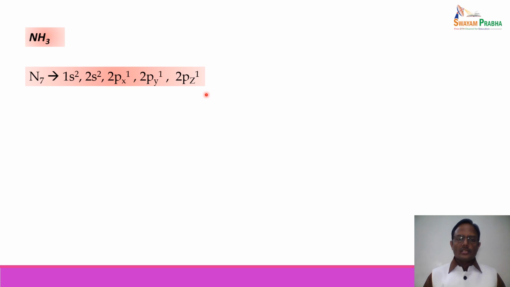So in this case there is no need of excitation, but yes, there is a need of hybridization. We have already seen that if these 2px, 2py, 2pz orbitals form bonds directly with 3 hydrogen atoms, the bond angle will be 90 degrees. But actually the bond angle is not 90 degree.